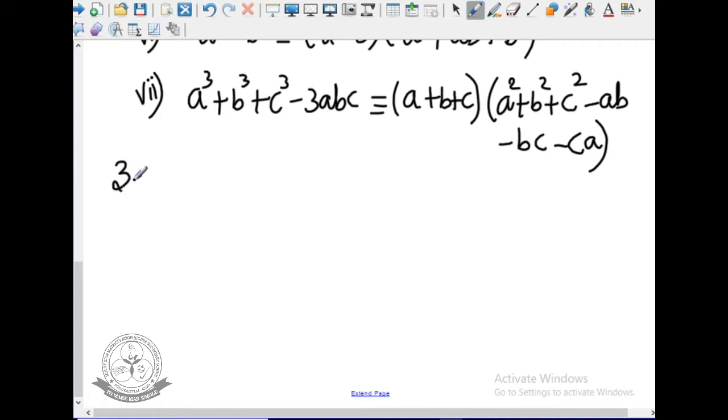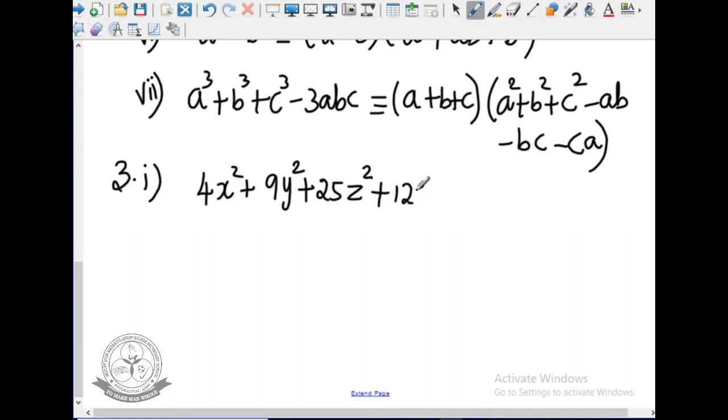Question number 3, first subdivision, 4x square plus 9y square plus 25z square plus 12xy plus 30yz plus 20xz. So this is the given sum.